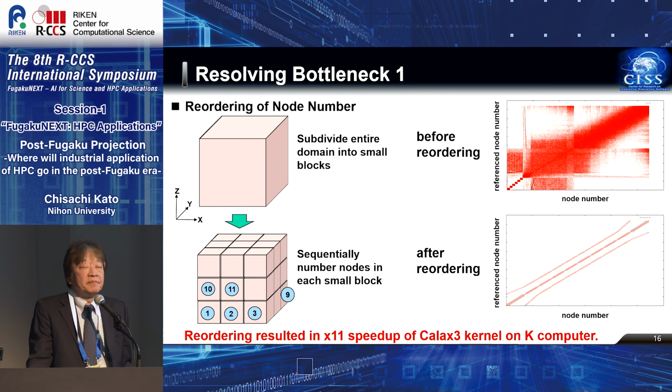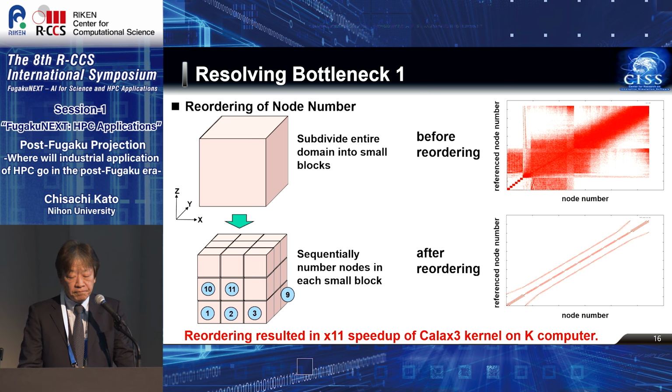Let me quickly remind you of what we have done 5-6 years ago, around 2020, as Fugaku started its operations. We have done several things to optimize our code. The first thing we did is reordering, because if the data is scattered in the memory, you cannot expect any high performance. I think all of you know that this kind of code is upper bounded primarily by the memory throughput, not arithmetic.